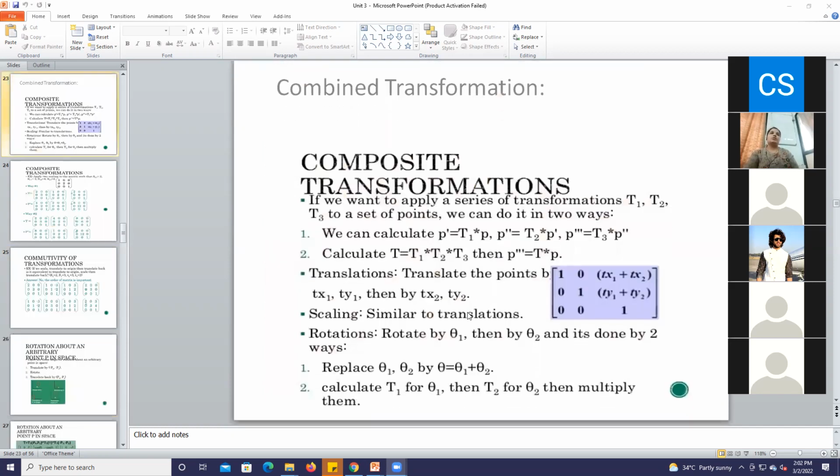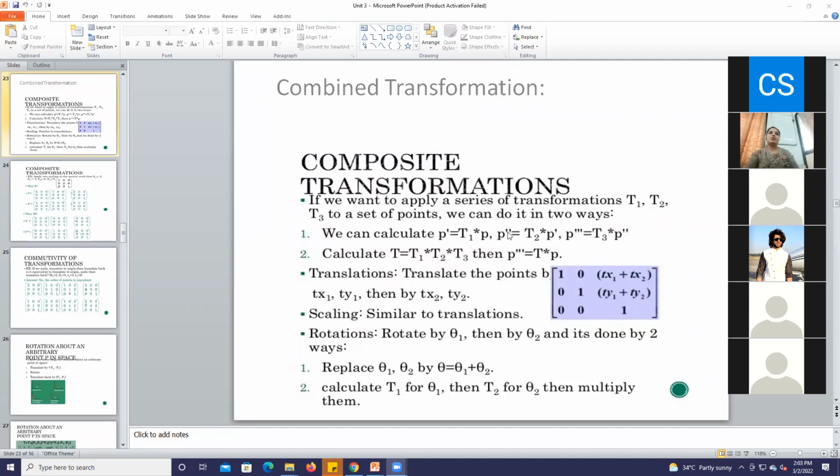So let us see now the combined transformation, or it is also called as composite transformations. मग आता आपण पाहिलंच composite transformation चं पण example side by side homogeneous coordinate system मध्ये. If we want to apply series of transformation T1, T2, T3 to a set of points, we can do it in two ways. पहिलं काय? तर P dash is equal to T1 into P, P double dash, जसं मी आता सांगितलं.